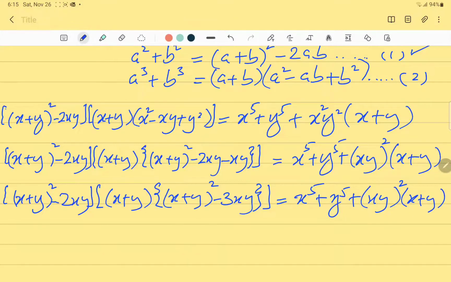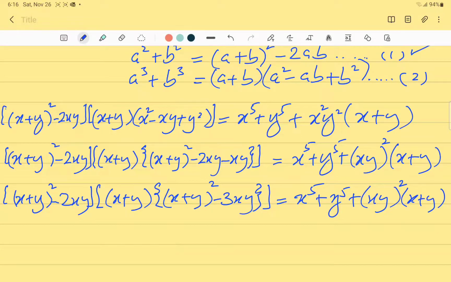Now we have successfully converted the equation in terms of x plus y and xy, and the remaining part is x^5 plus y^5. So if we put the values of xy and x plus y, we can find the value of x^5 plus y^5.